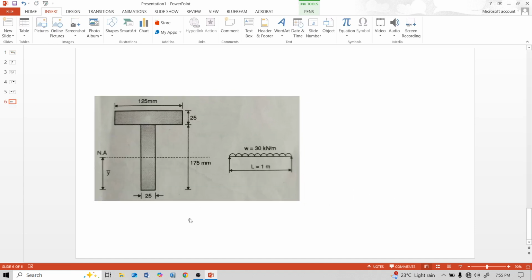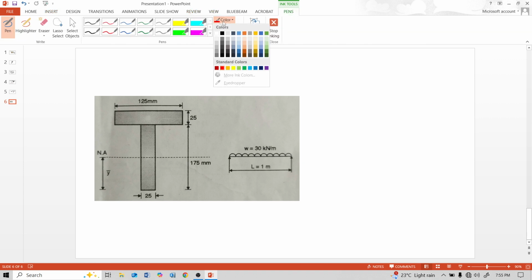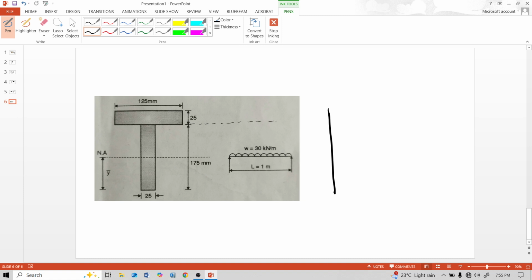Now see the shear stress distribution diagram for this T section of the simply supported beam. At the extreme fiber there is zero shear stress, at the junction there is shear stress, and at the neutral axis also there is shear stress. Maximum shear stress acts at the neutral axis.